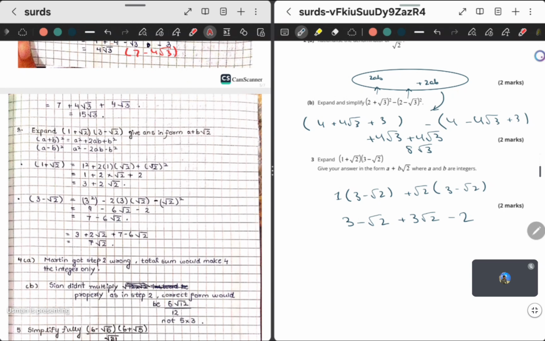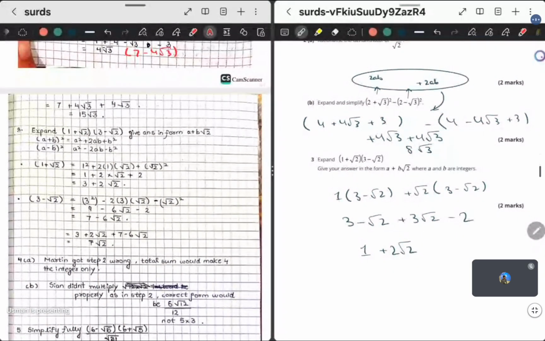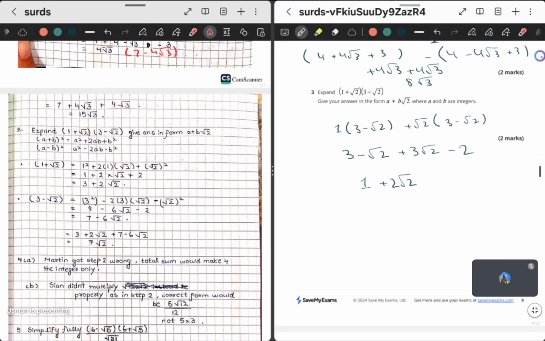Okay. Yes. So minus 2 and 3 becomes 1 minus root 2 and 3 root 2 becomes plus 2 root 2. Okay. Yes. Does that make sense? If you want to copy this, you can copy it.